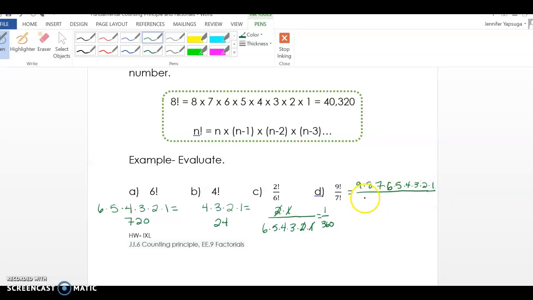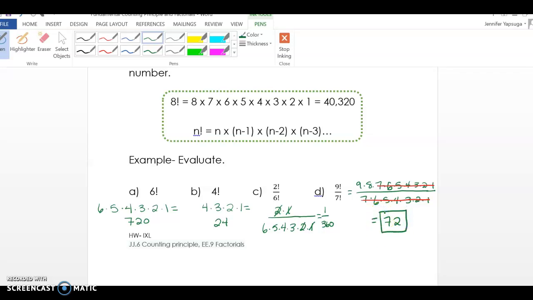And then 7 factorial would be 7 times 6 times 5 times 4 times 3 times 2 times 1. And then we are going to do some cancellation. So if this 7, 6, 5, 4, 3, 2, 1 is the same on the top and the bottom, we can cross all of those out. So then we're just left with 8 and 9. So 9 times 8 gives us an answer of 72. So that would be our final answer there.